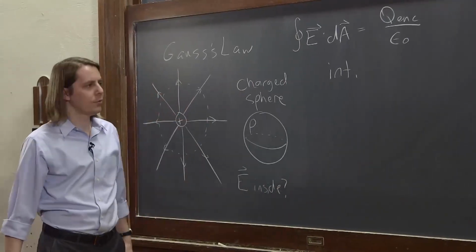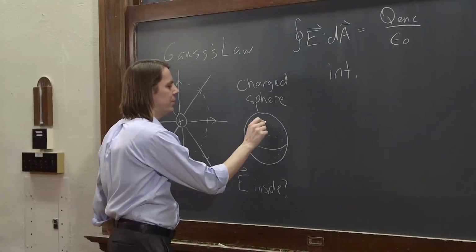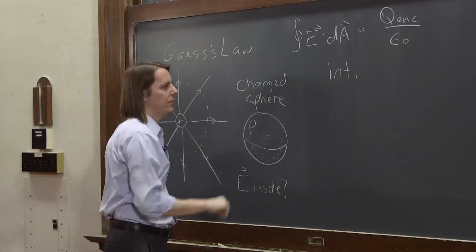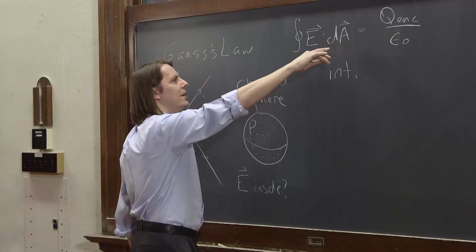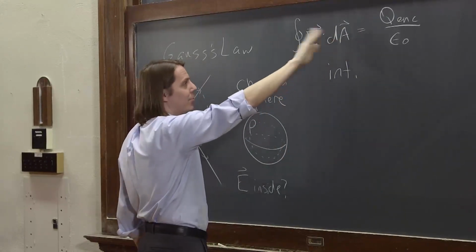If you're going to use the integral form, you would draw a spherical Gaussian surface inside, centered on the sphere, all the standard stuff from the Gauss's law chapter. The integral of E dot dA: E vector and dA vector are in the same direction, so the dot product goes away.